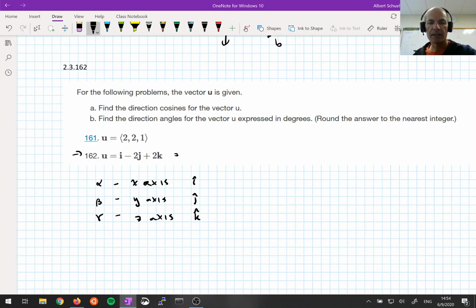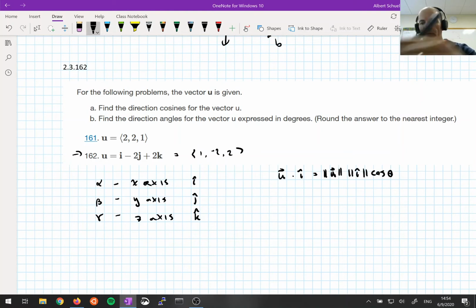Let's write that in component form: 1, -2, 2. If we want to find angle information, we have to use the angle identity. So u dotted with i is the magnitude of u, magnitude of i, times the cosine of the angle between them.